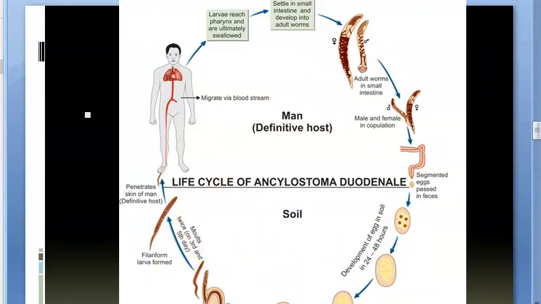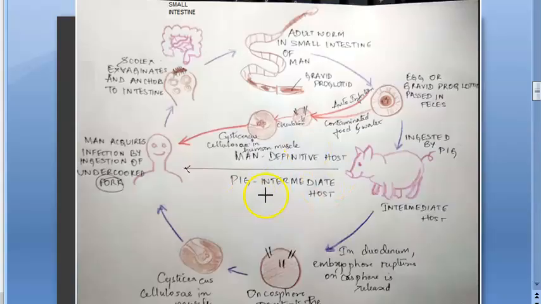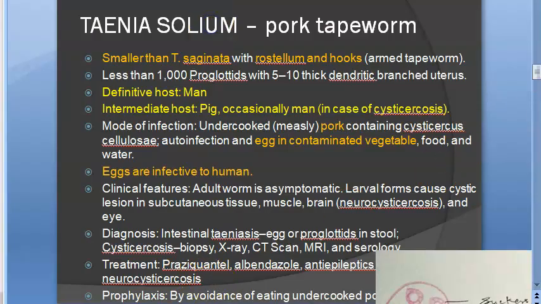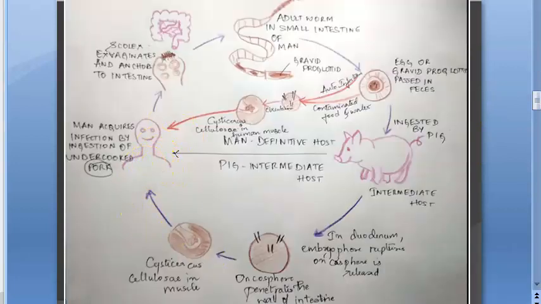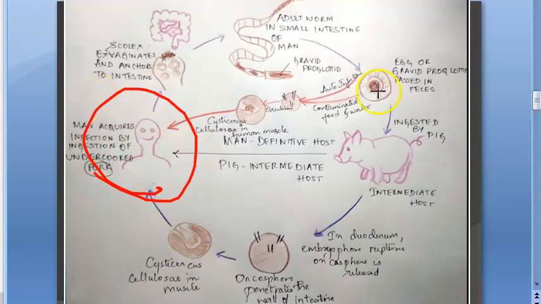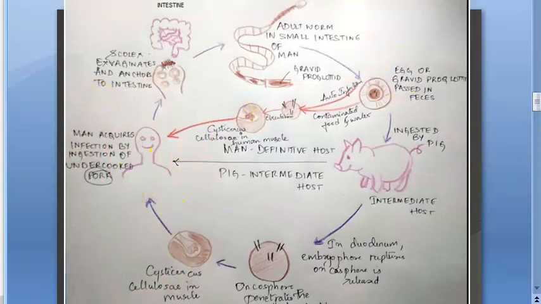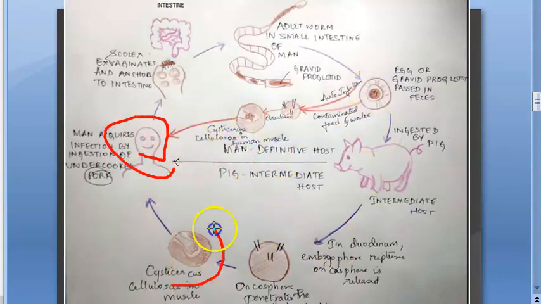The other way that you can get infected is via food. Look at this one, guys. This is Taenia solium, isn't it? Yeah, Taenia solium, pork tapeworm. Now look here, man has to get infected, right? So here the pattern will be very similar. Here no larva will come because he has to eat it. He will definitely not eat the worm, right? So he will eat something from the egg whatever has developed.